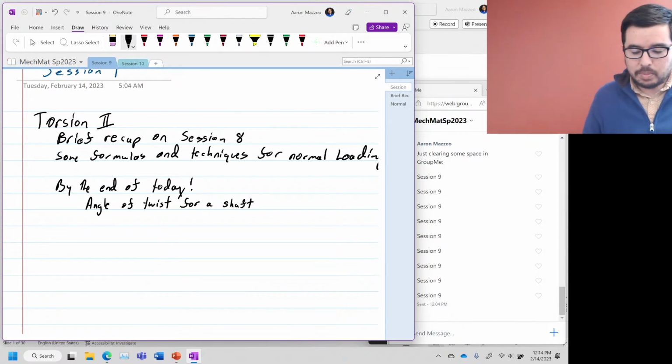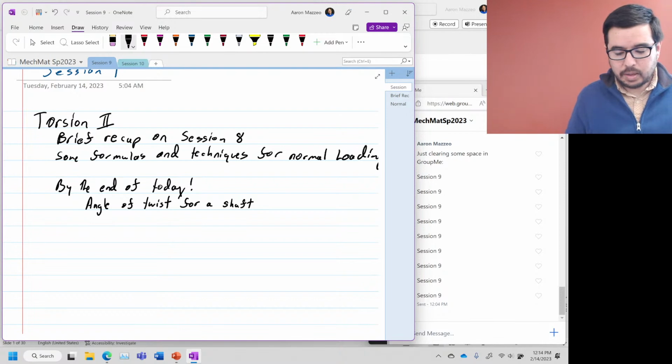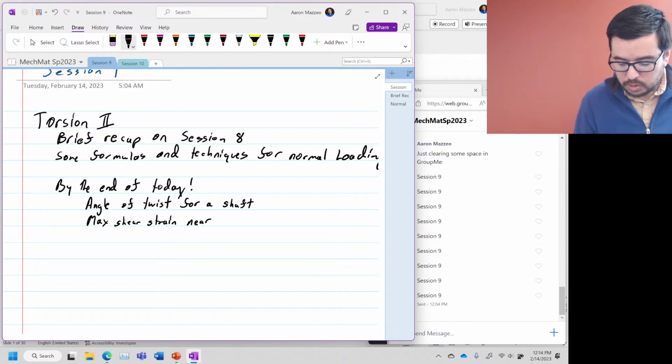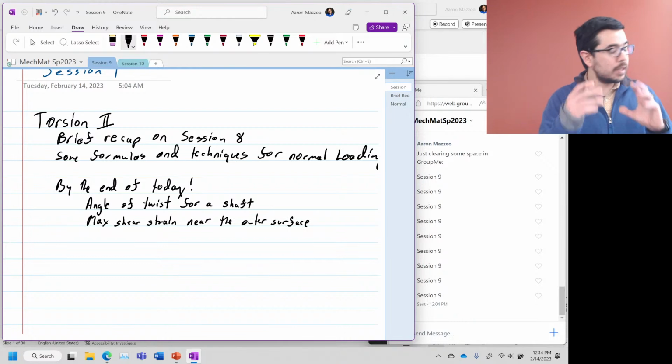We should know something about the maximum shear strain near the outer surface for a twisting shaft.